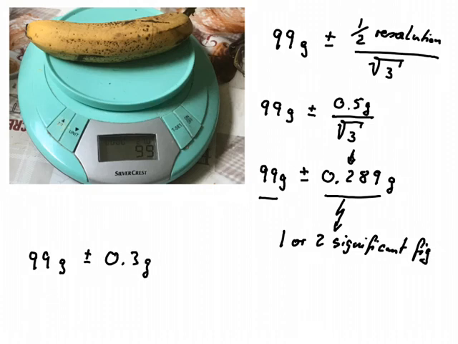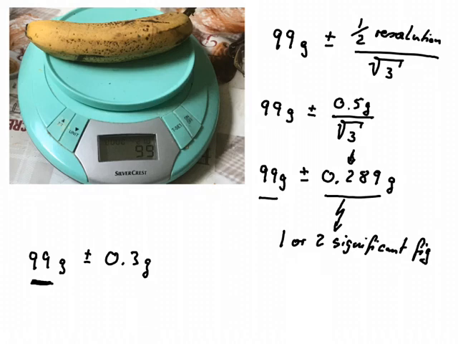We still don't have the same number of decimal places, and what we therefore do is adjust the number of decimal places of our measurement of the banana to the same number of decimal places as the uncertainty.